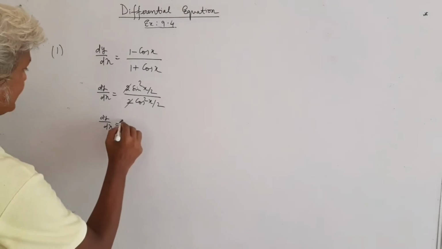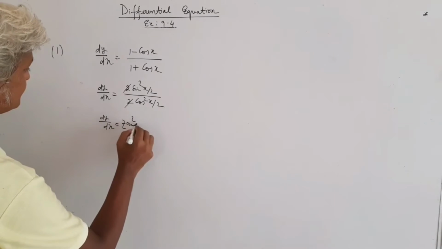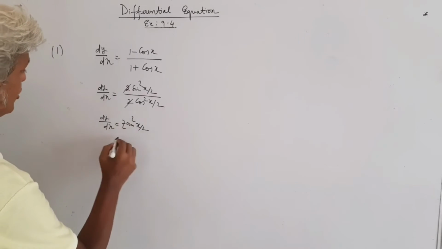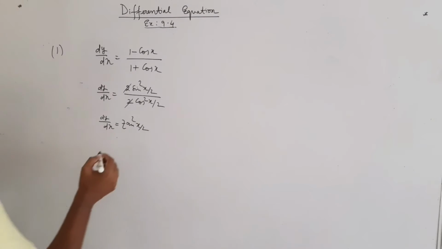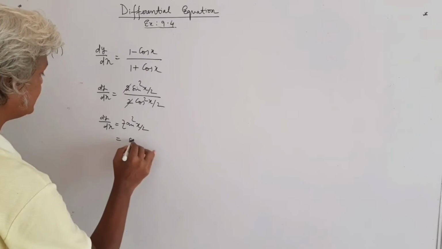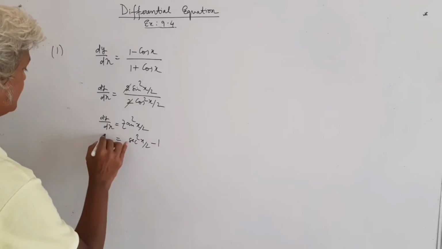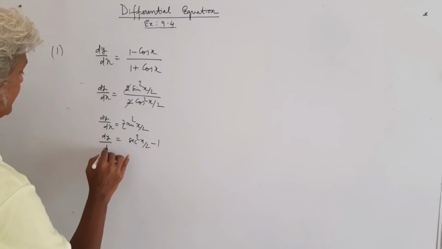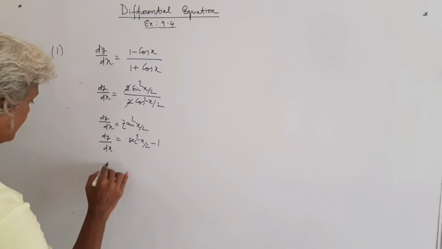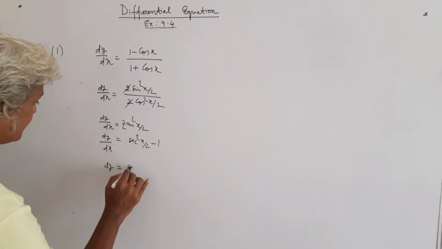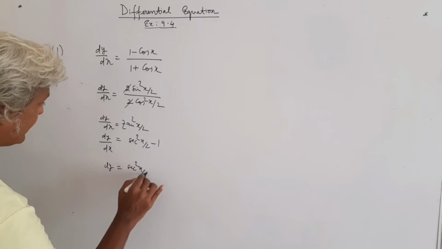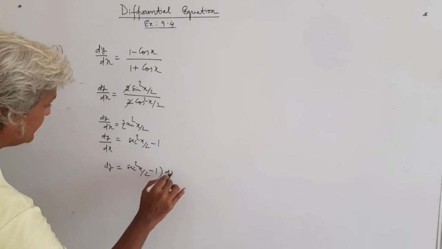tan square x by 2. Now tan square x by 2 can be written as sec square x by 2 minus 1. So dy by dx is sec square x by 2 minus 1, therefore dy is (sec square x by 2 minus 1) dx.